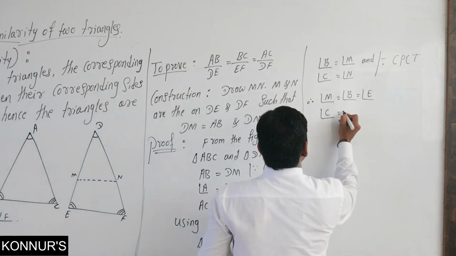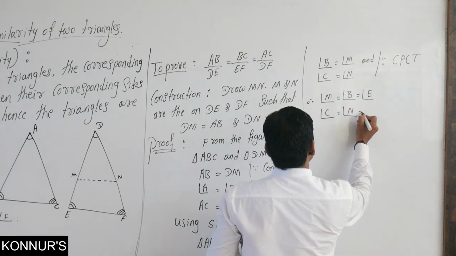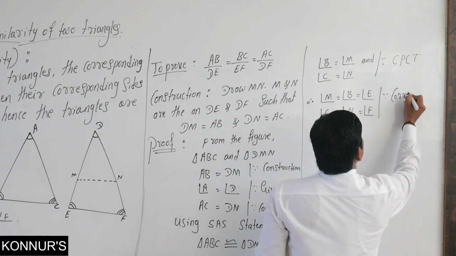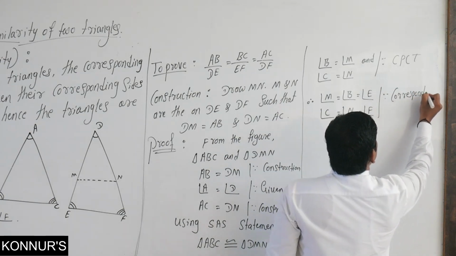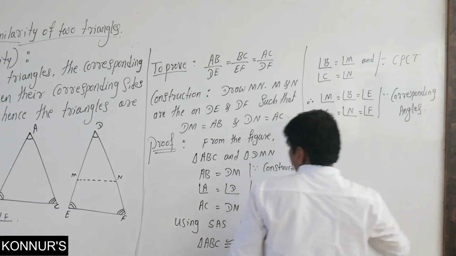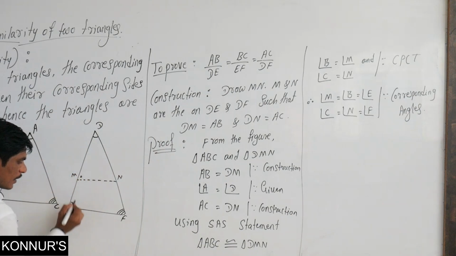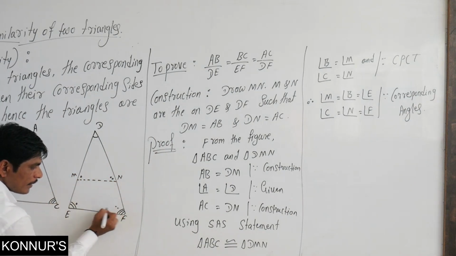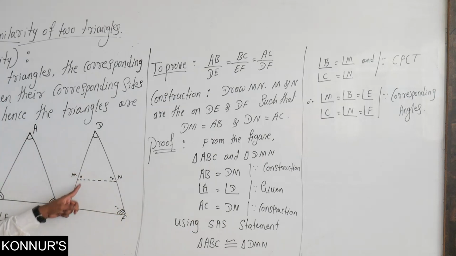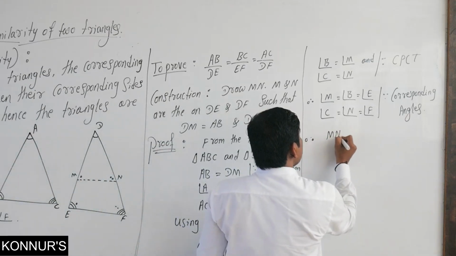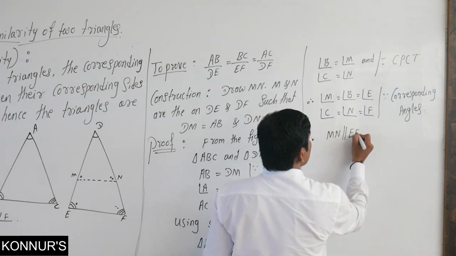Angle C is equal to angle N is equal to angle F because they are corresponding angles. Here angle M is equal to angle E, angle N is equal to angle F. Now these two are corresponding angles, that's why MN is parallel to EF. Therefore MN is parallel to EF.